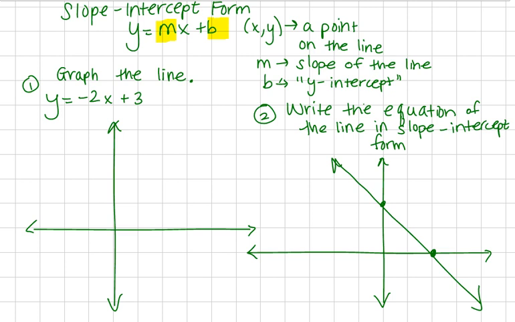In number one, y equals negative 2x plus 3. As you can see, that is already in slope-intercept form. So based on the formula, the slope, the m of our line would be negative 2.